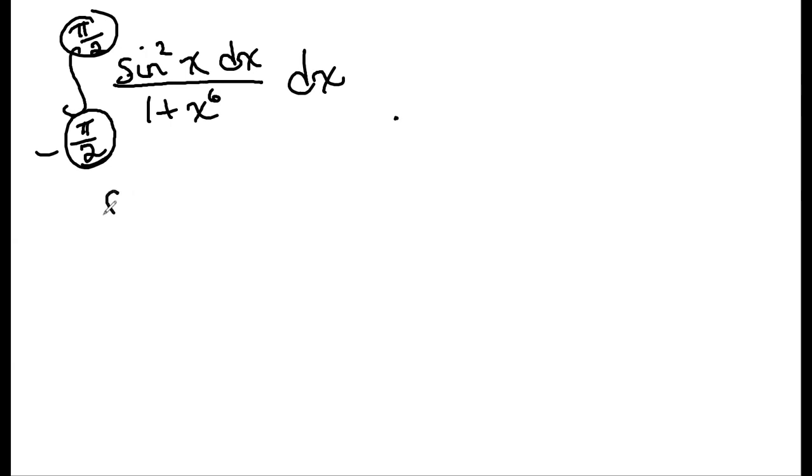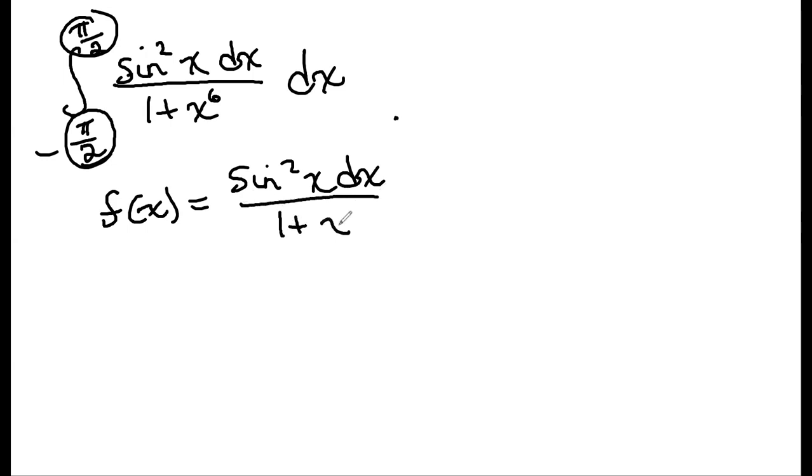So I'm going to say, okay, well, if f of x is equal to sine squared x over 1 plus x to the 6th, I'm sorry, this should be dx over here. It means the same, but it looks better right here. No, there is no dx.